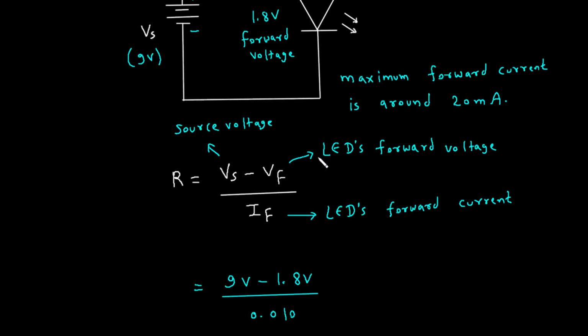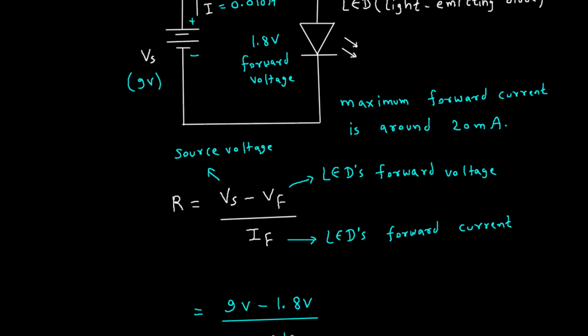We can calculate by using this formula. R is equal to Vs minus Vf upon If. So this is the source voltage minus the LED forward voltage divided by the LED's forward current.